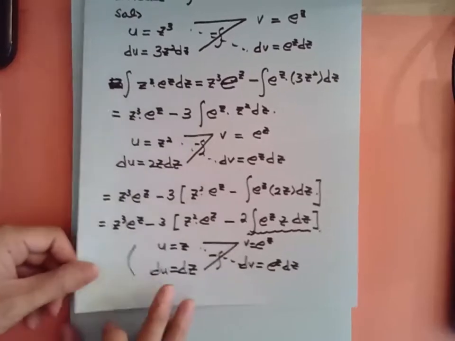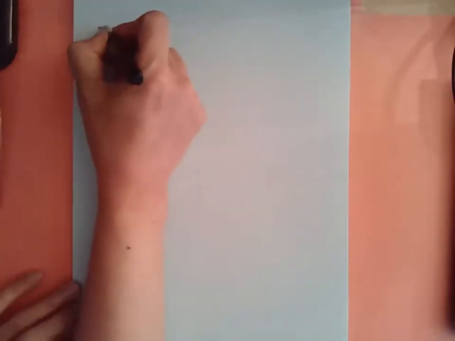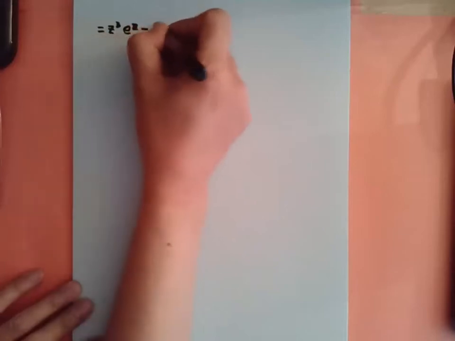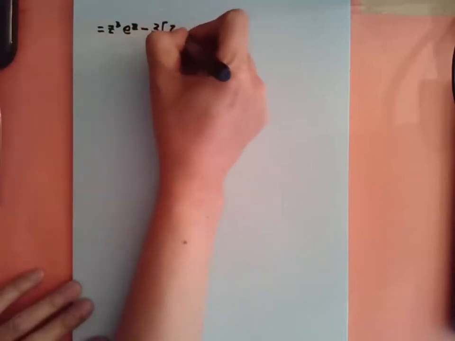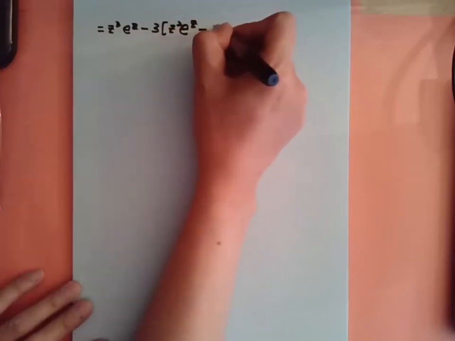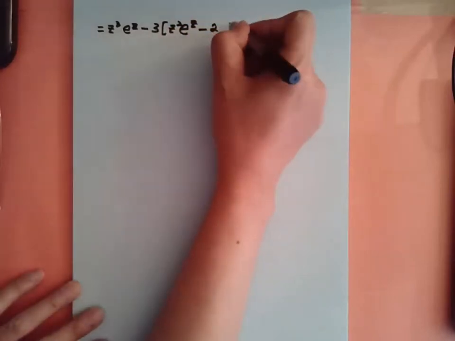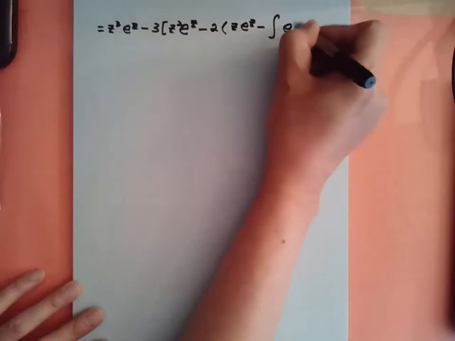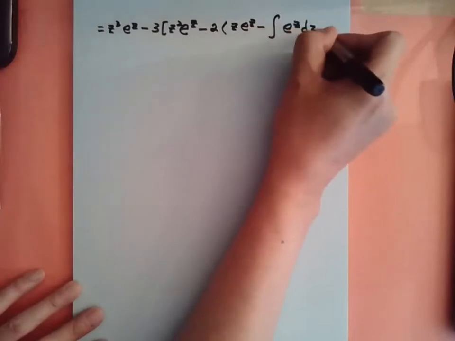All right, so we have z cubed e to the z minus 3 times z squared e to the z minus 2 times z times e to the z minus the integration of e to the z dz.